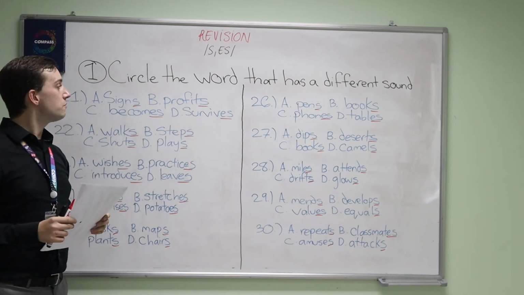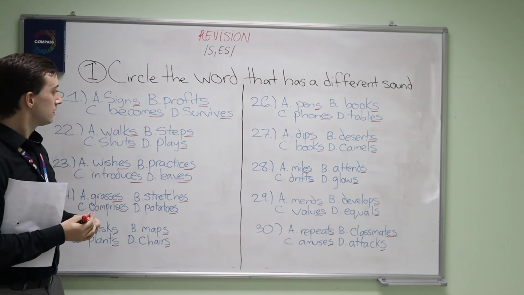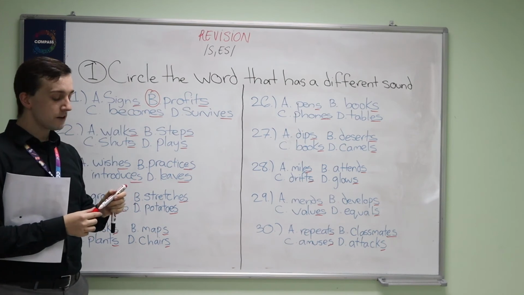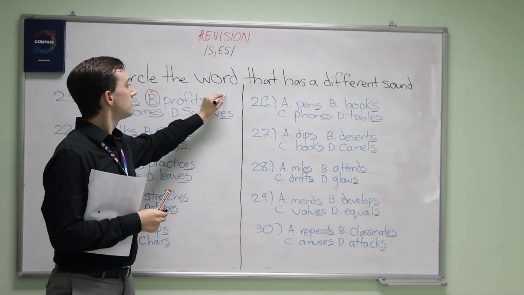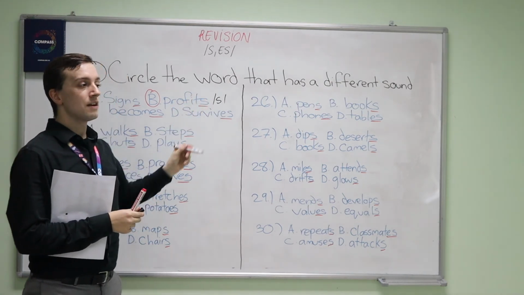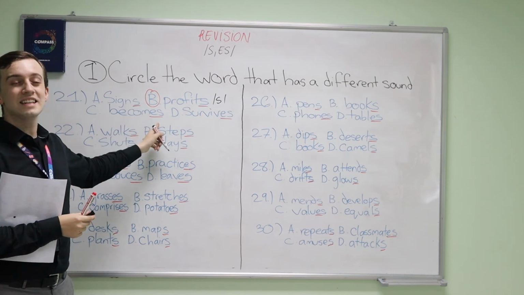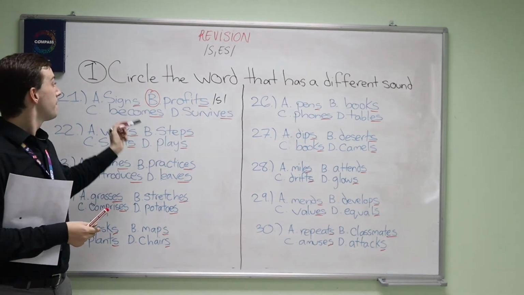In question 21, the different word is B, profits. So circle B, because in this word, letter S makes the sound S.